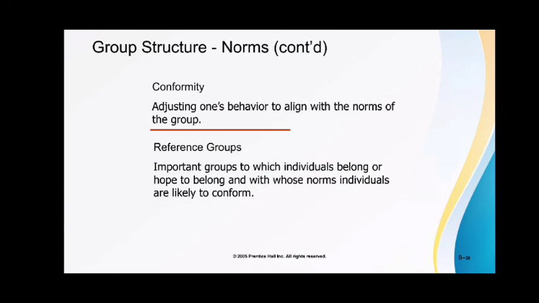Next is conformity. If you wish to be accepted by a particular group, you may conform to that group's norms even before you join it. Conformity is adjusting one's behavior to align with the norms of a particular group by watching and observing that group to better understand its expectations.